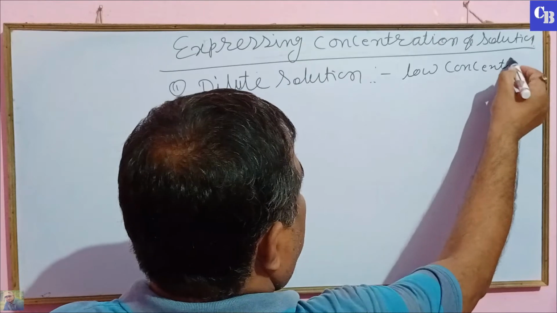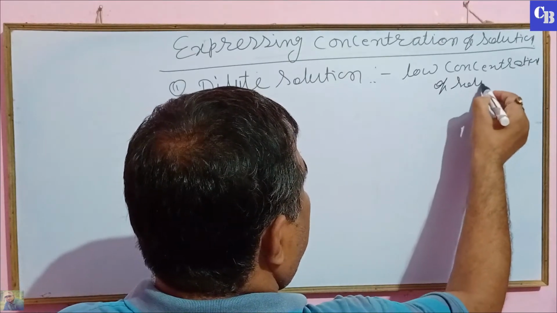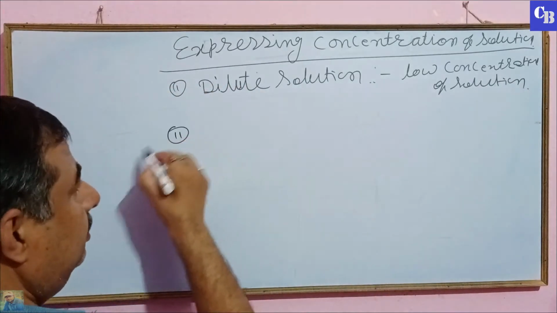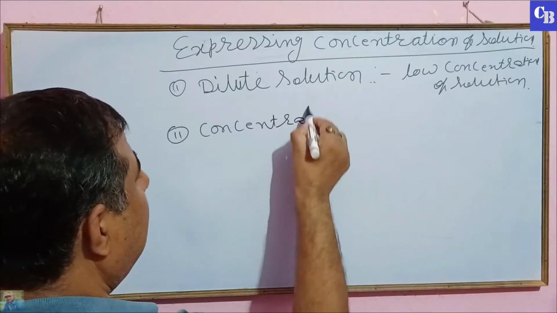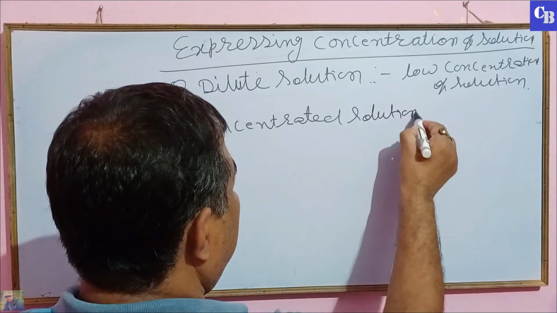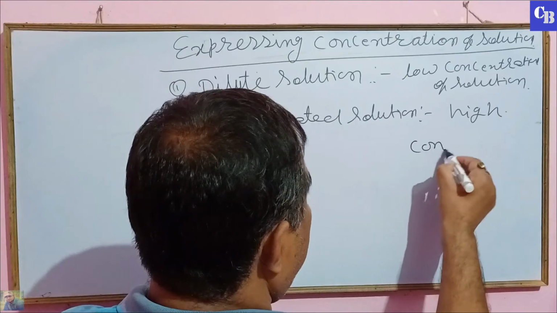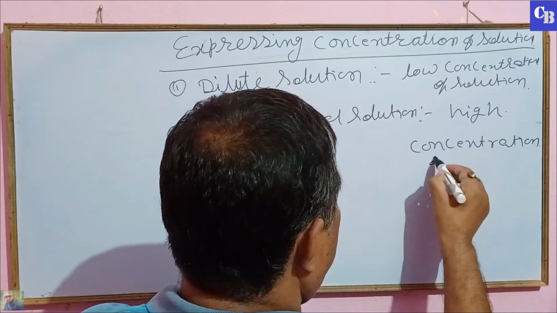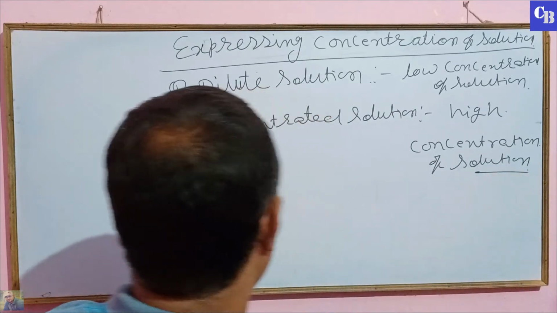Low concentration of solution is called dilute solution. And second, concentrated solution. This is a high concentrated solution. High concentration of solution is called concentrated solution.